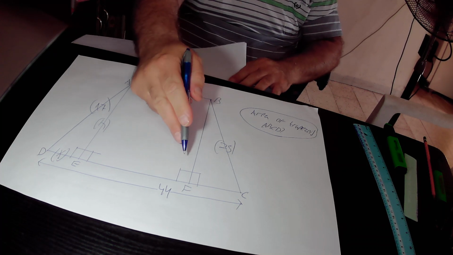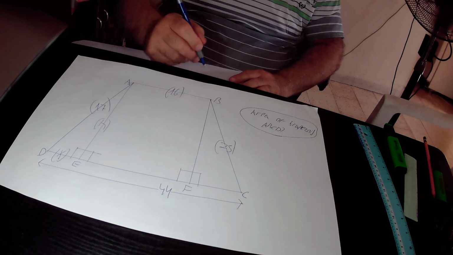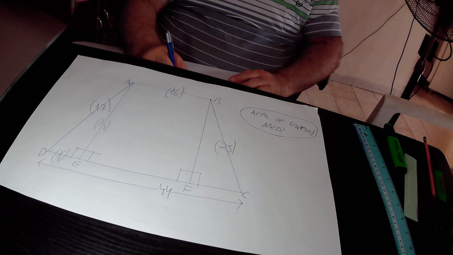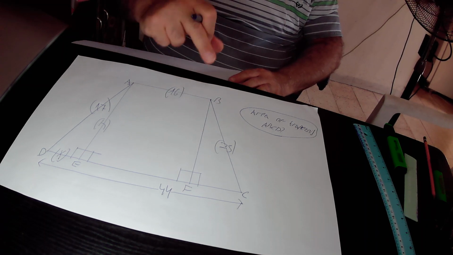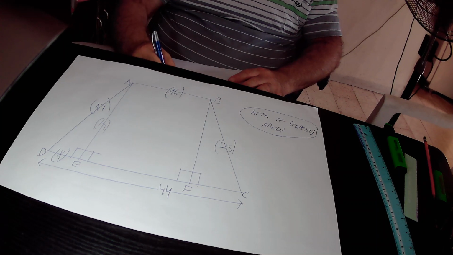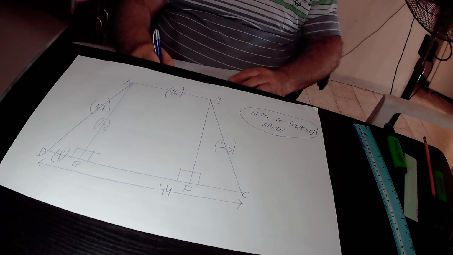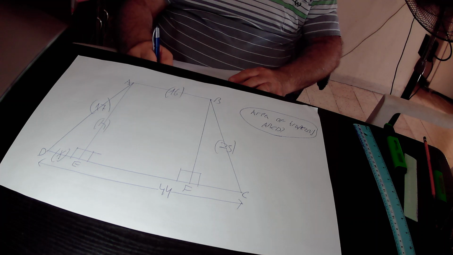Plus this angle, that is the right angle, which is 90 degrees in size. In total, the sum of those two angles is 180 degrees according to rule 16.